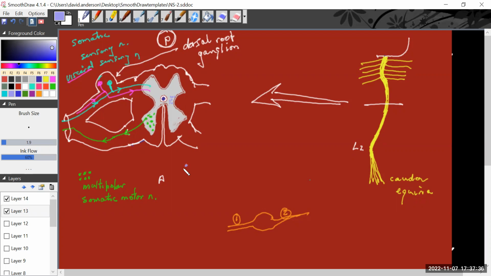But these purple neurons that I just drew in here are known as autonomic motor neurons. So they're going to be neurons that finish on what kind of an effector?